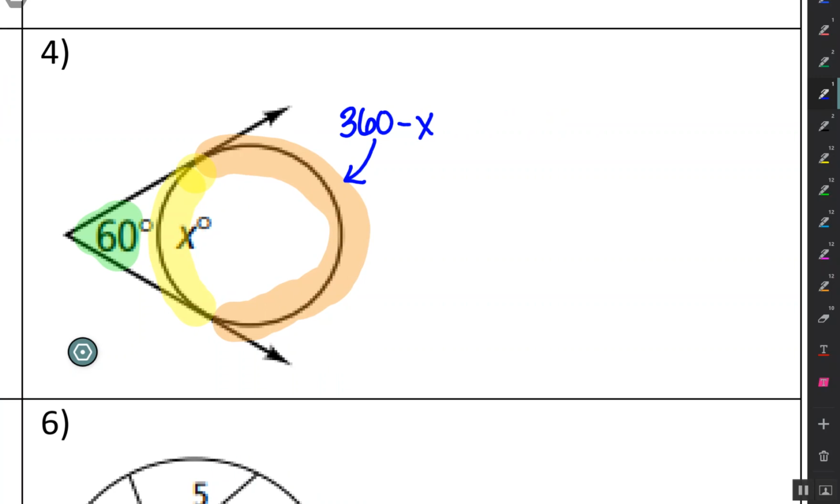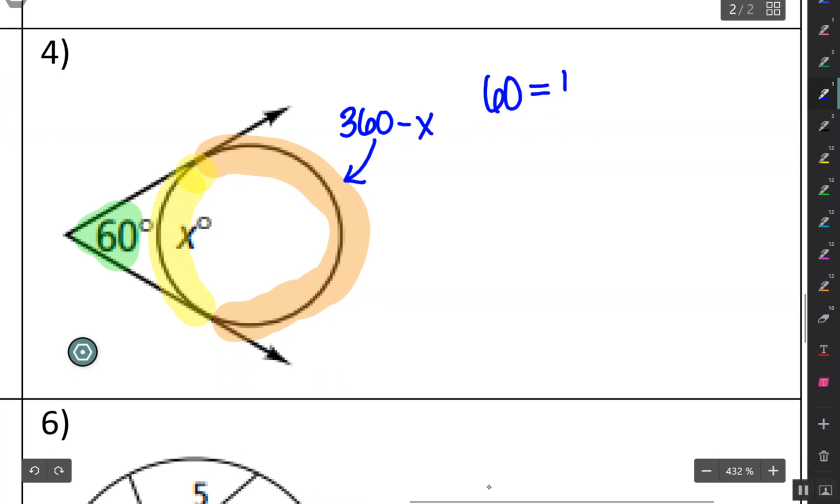Remember, in this case, they make up the whole circle. So the angle, 60, equals 1/2 the big arc, 360 minus x, minus the little arc, x. The little arc, the big arc, and the outside angle.